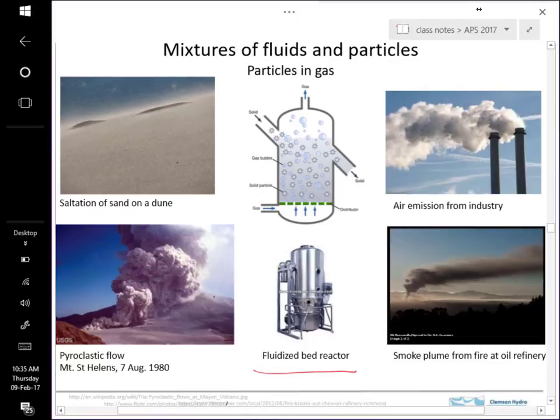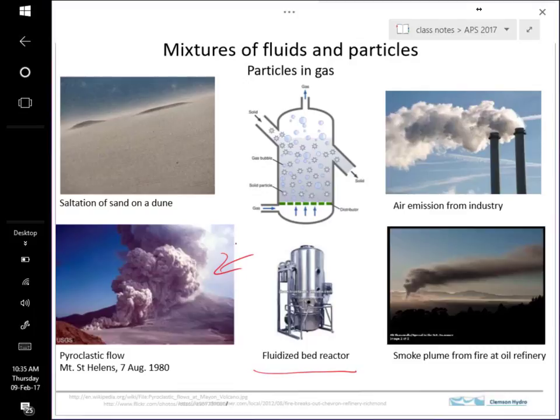Here, this is kind of a favorite, where during a volcanic eruption, you've got a big column of ash, gas, and solid particles, very small particles, that gets ejected out of the volcano and forms a column that shoots up into the atmosphere. That is then unstable because the mixture is much denser than the air.